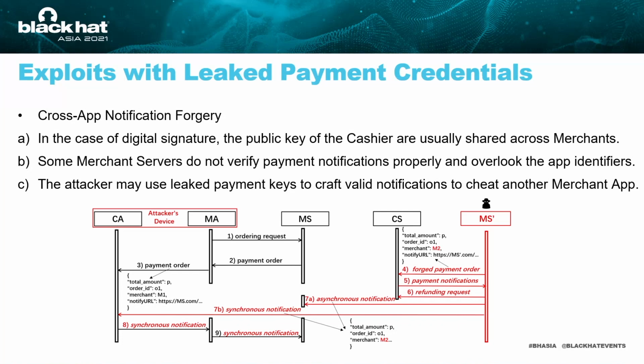Thus, the attacker may treat the cashier server as the signing oracle and control the value of the notified URL in his crafted payment order to forge some cryptographically correct payment notifications. Then, he may send these forged messages to the victim merchants. Once the merchant server overlooks the app identifier inside, such as the parameter merchant in the given example, it will be cheated and enable the attacker to shop for free.